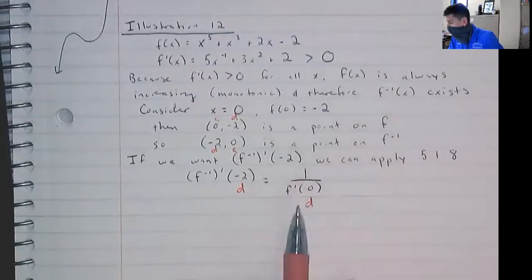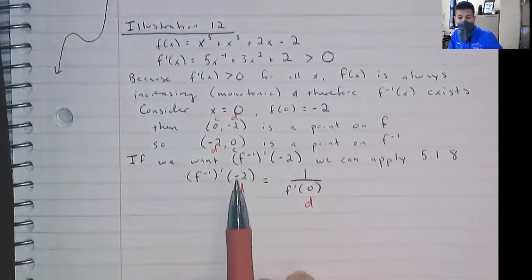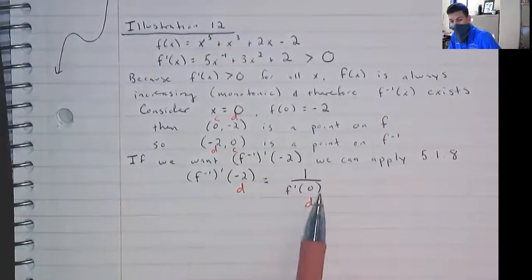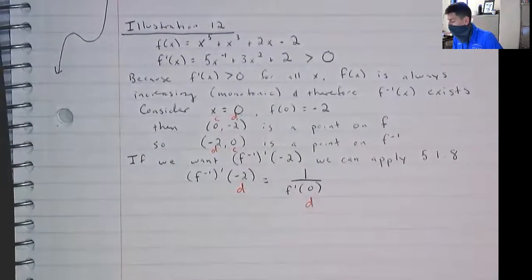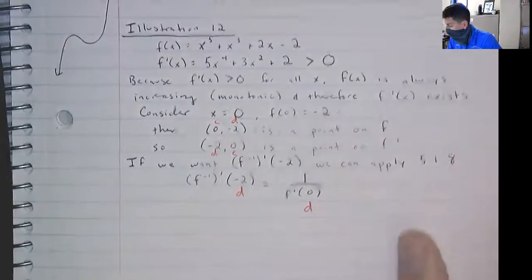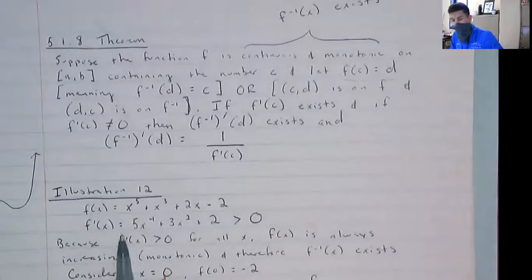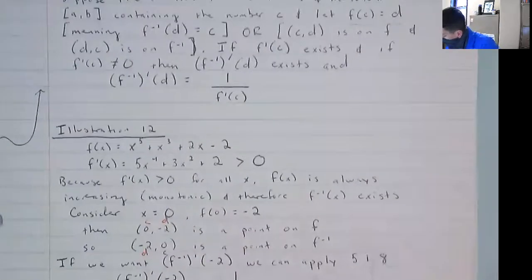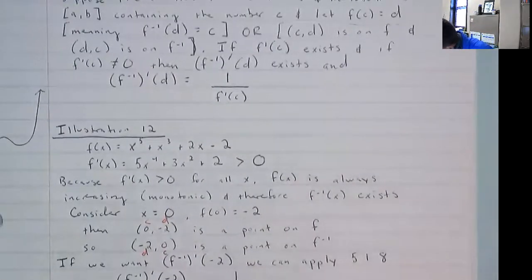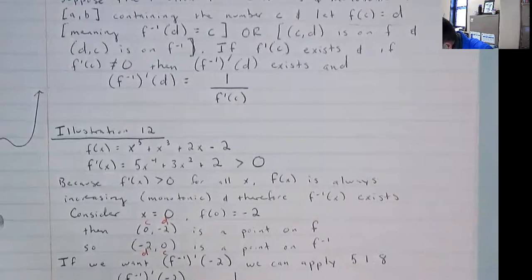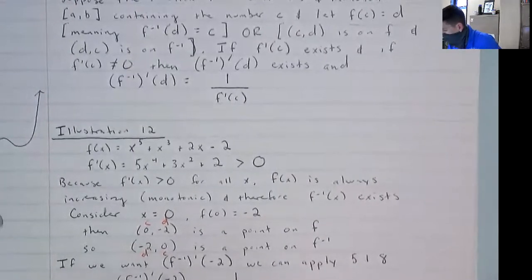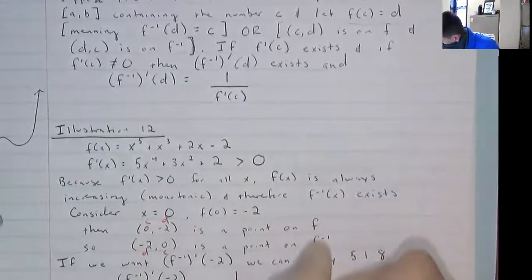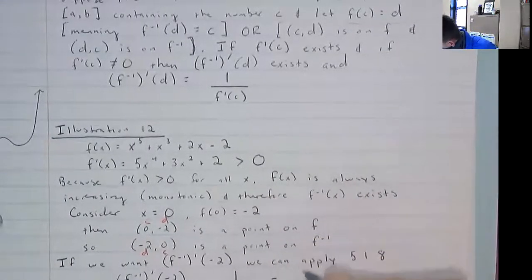So all we need to do to find this specific derivative value of the inverse is calculate this derivative value of f, which we can do quite easily by plugging in a 0 here. f prime of 0 is equal to 2, and this is equal to 1/2.